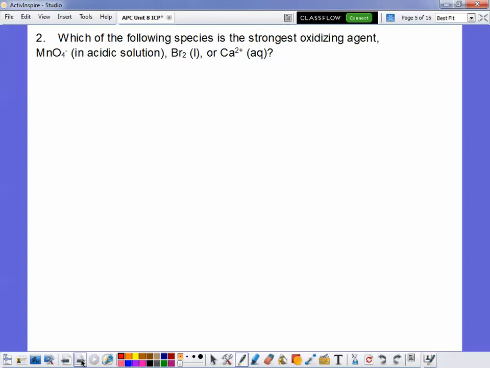So really, what this question is asking is, instead of saying the strongest oxidizing agent, let's say which of these substances is the most apt to be reduced. Which one of these is the most apt to be reduced?